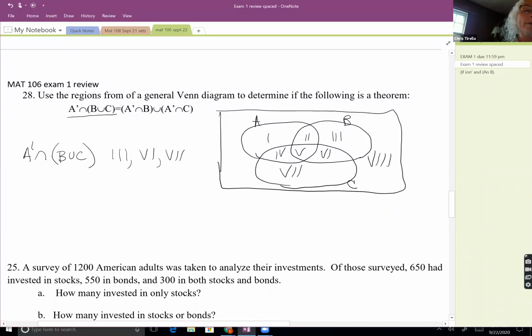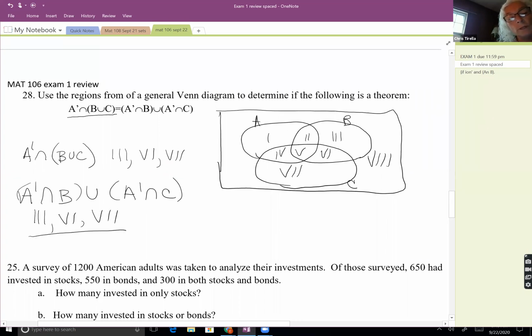On the other side, A complement intersect B, outside of A and inside of B, would be 3 and 6. Then I take the union with A complement intersect C. A complement intersect C is 6 and 7, so I'm adding 7. So these are the regions on the right, these are the regions on the left. And so yes, it is a theorem.